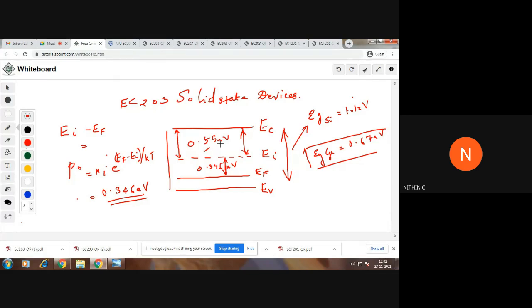And since you know that the material is p-type, you could easily draw the energy band diagram, I mean the position of EF. Clear? This question is very simple. If you know this type of question, you can do it within 2 or 3 minutes itself.